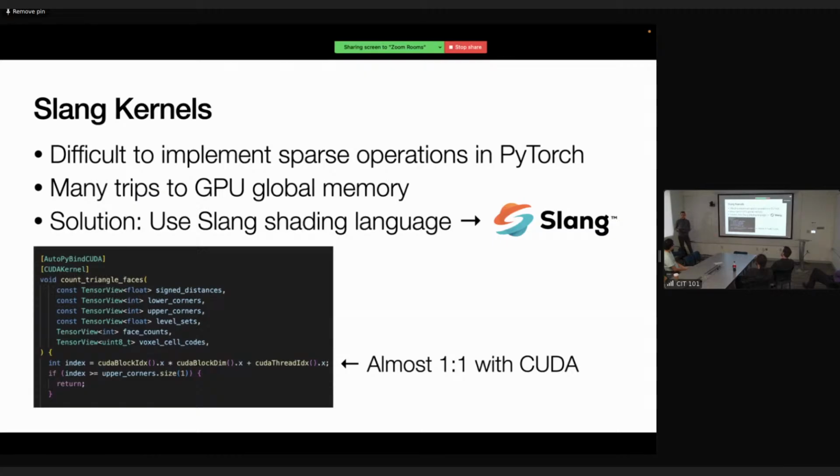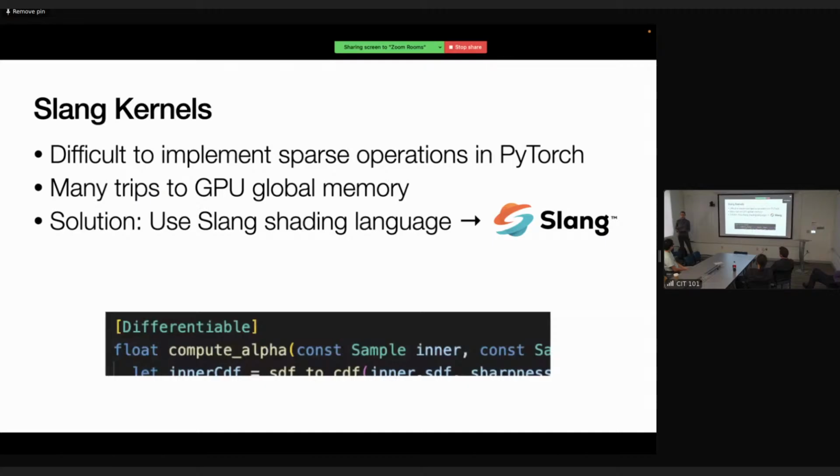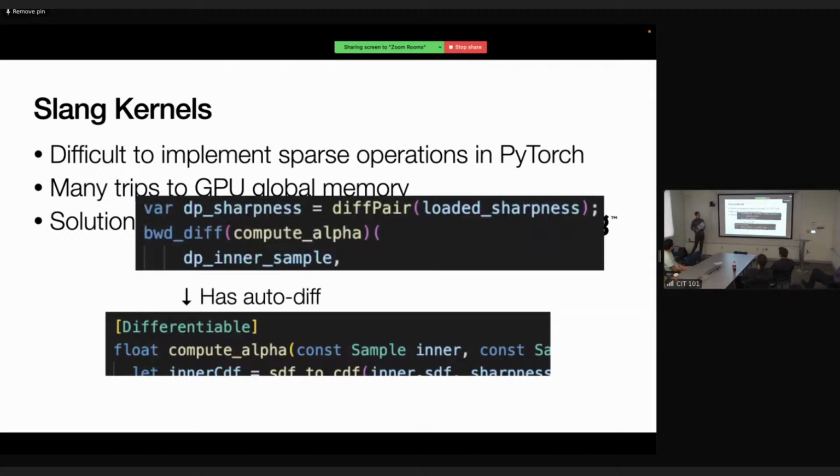The key difference is that Slang has autodiff. You can add this decorator or a tag to your functions, and then you can call this to get backward mode autodiff. This makes it very easy to try out differentiable things because you don't have to worry about getting the derivatives right.